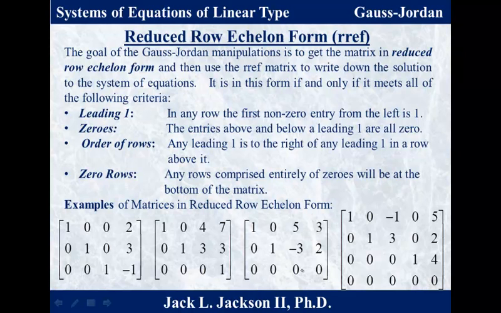Now you could have a whole row of zeros, that's okay too. That doesn't violate the leading one rule because it doesn't have anything that's non-zero. But if it has anything that's non-zero at all, the first one you come to has to be a 1. And we can always get that to happen. If it's not a 1 there, you can just multiply by its reciprocal if it's not 0.